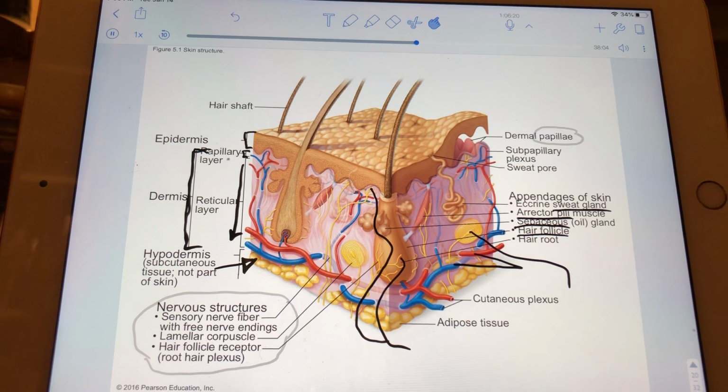Housed in the dermis, and many sensory receptors housed in the dermis. Oodles and oodles. Okay, and here is that kind of wavy or ripply interface that I mentioned a few slides ago between dermis and epidermis. These little finger-like projections of the dermis are called papillae, and now it's probably easier to understand why that uppermost layer is called the papillary layer.